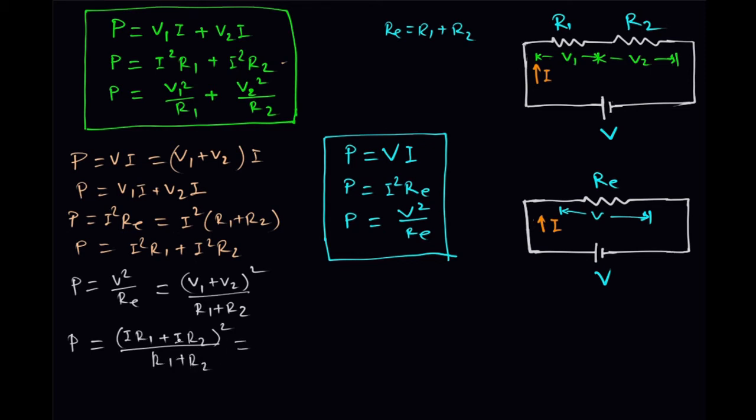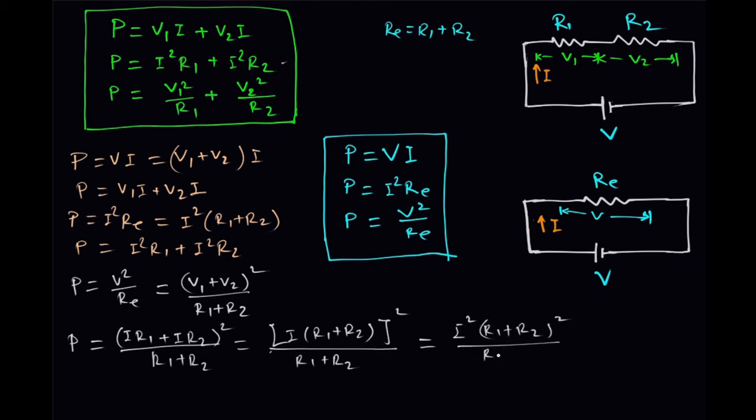That is equal to, taking I common, I squared into R1 plus R2, the whole thing squared, divided by R1 plus R2.